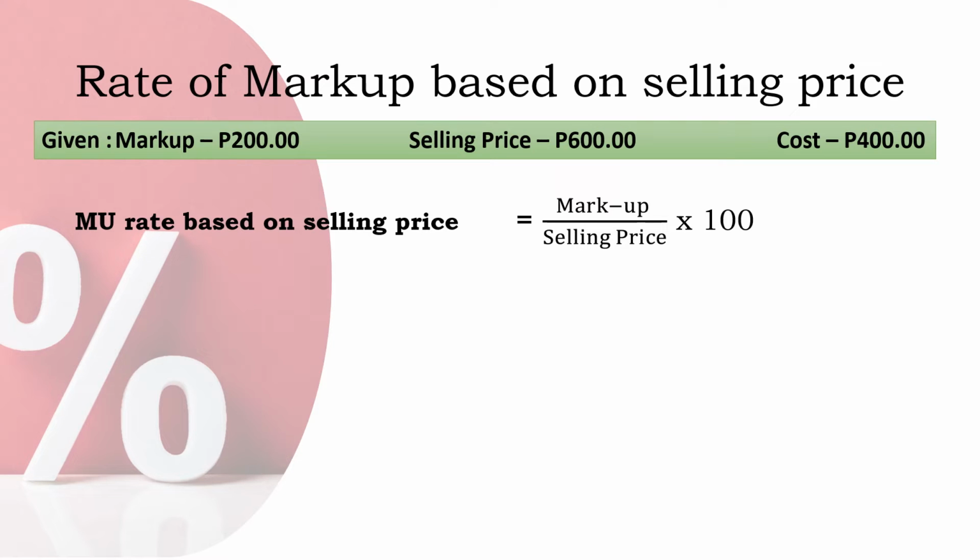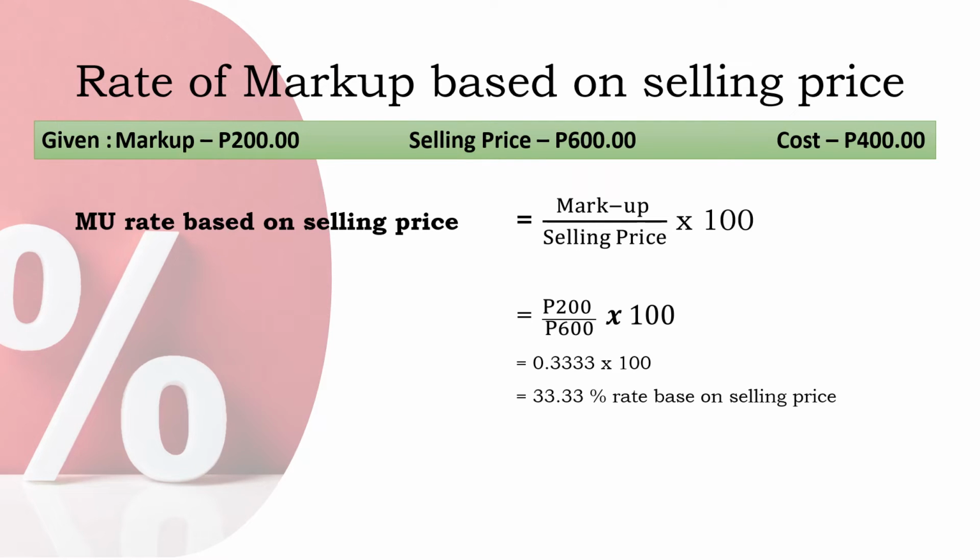So, let us substitute. Markup is 200 divided by 600 multiplied to 100. So the answer is 33 and 33%. That is the rate based on the selling price.